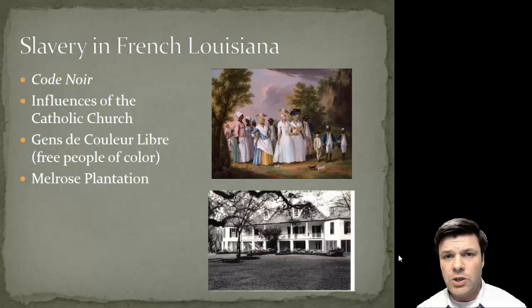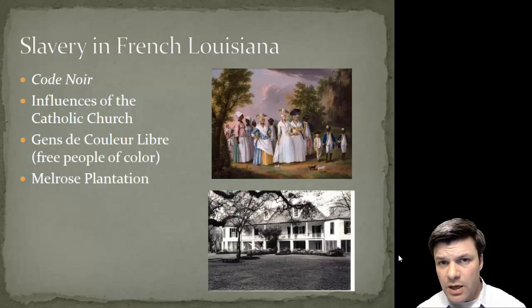I want to draw your attention to that mansion at the bottom of the screen right there. That's the Melrose Plantation in northwestern Louisiana. It's actually still there. You can tour it if you like. That's Melrose. And once upon a time, Melrose was owned by free people of color, and they actually did own slaves as well.